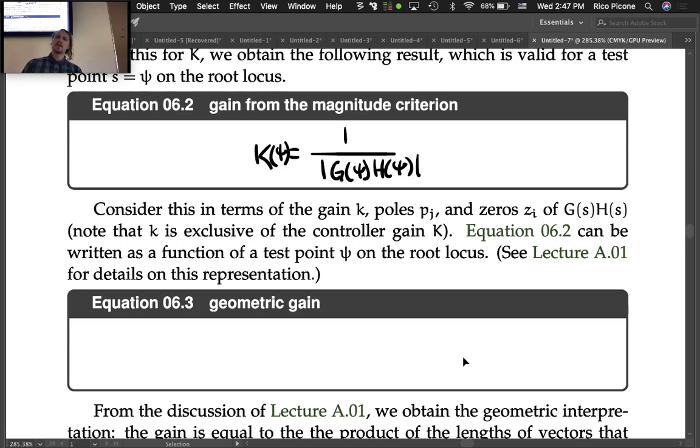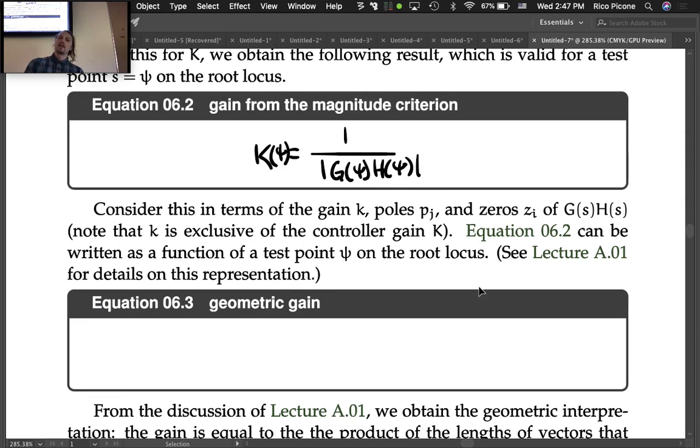So consider this in terms of the gain k, poles p, and zeros z of the open loop transfer function GH. Note that this is little k and it's exclusive of the controller gain big K. So this little k is in G and H. So are the poles, so are the zeros. They're all coming from GH: little k, p, and z.